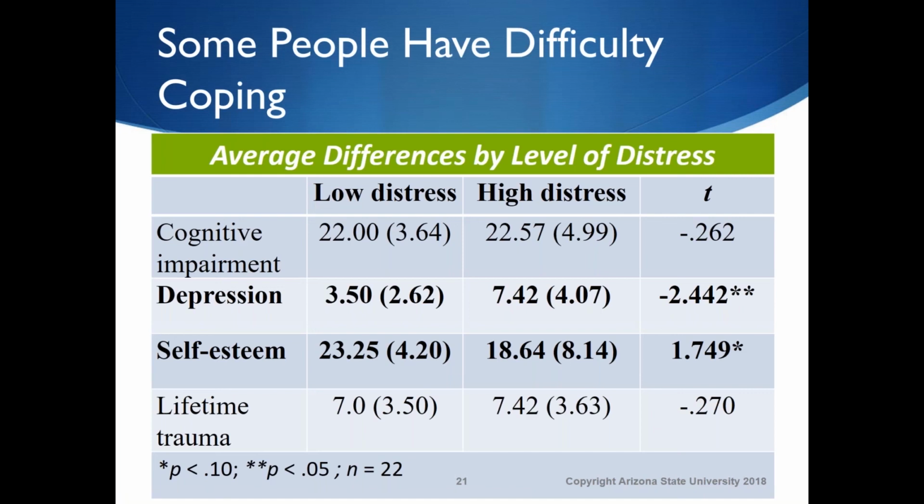So we wanted to see what might be the differences between these two groups, and same measures on cognitive status, depression, self-esteem, and lifetime trauma. And the differences here is the people who were very, very distressed by the episodes scored much higher in terms of their depression symptoms, and much lower on their self-esteem.